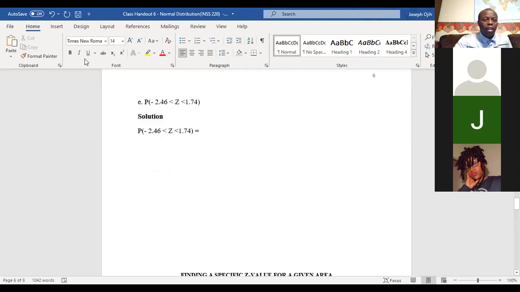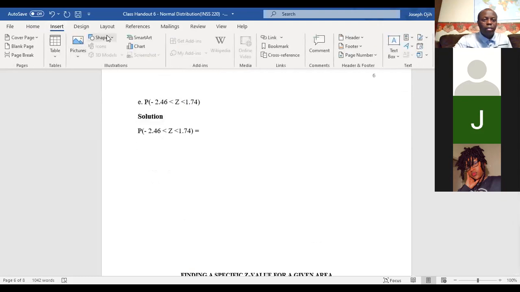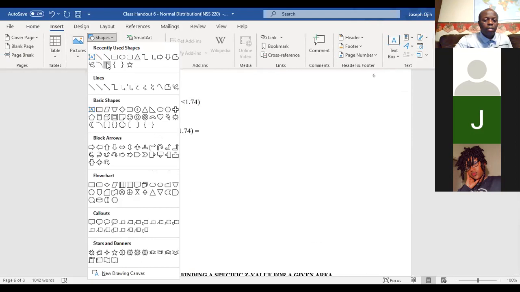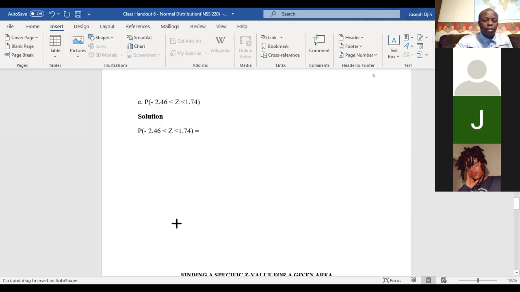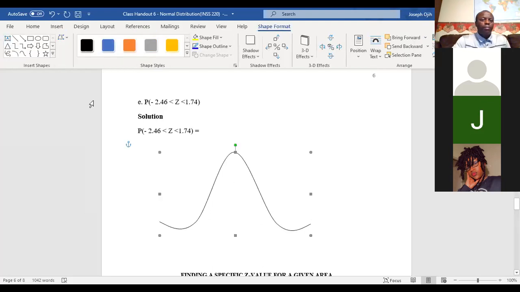Okay, we have the insert chart. Now we can put the x-axis for this chart.